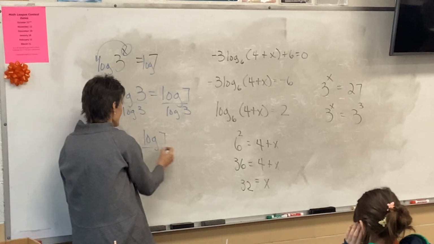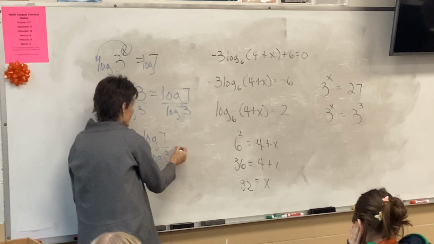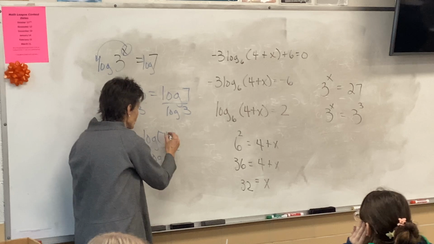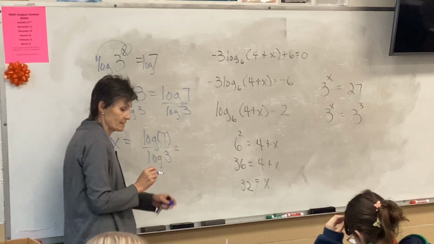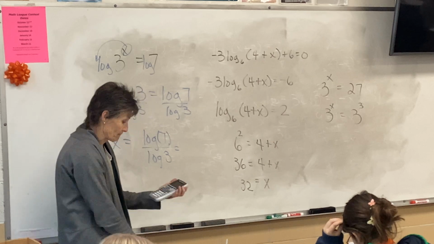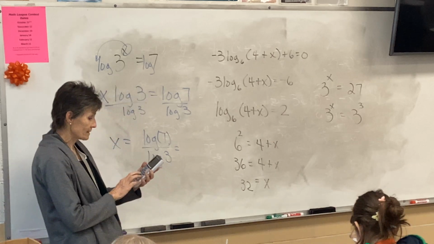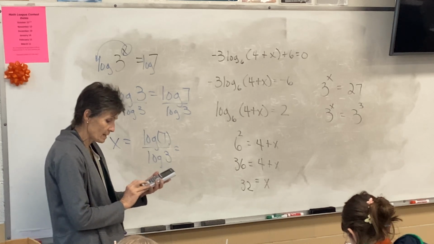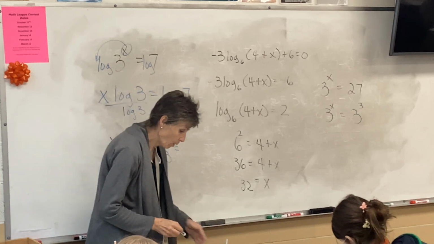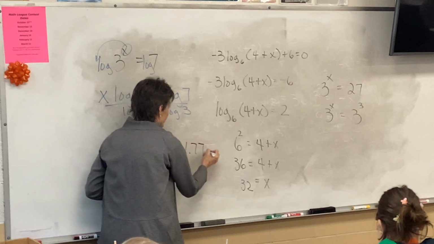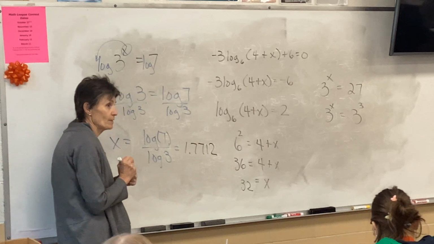And then I'll go to my calculator and I'll type that in, remembering that I have to close these parentheses when I type that in. We talked about that yesterday. So log 7 divided by log 3, 1.7712. Make sure that's what you got.